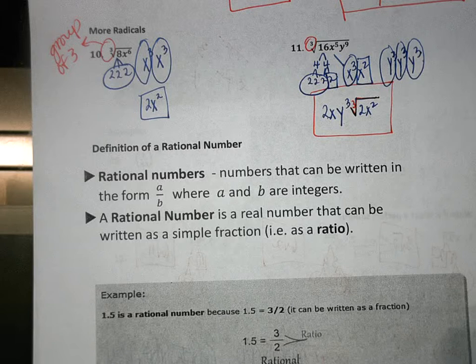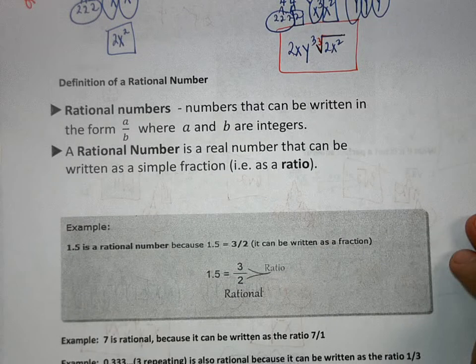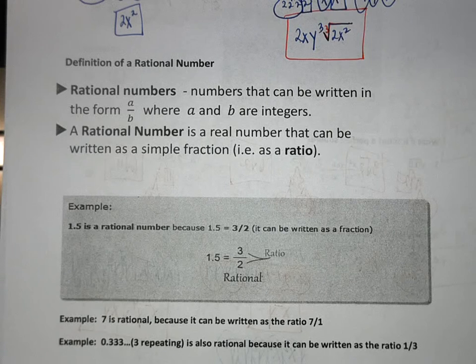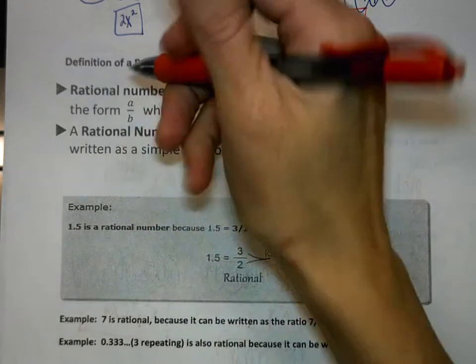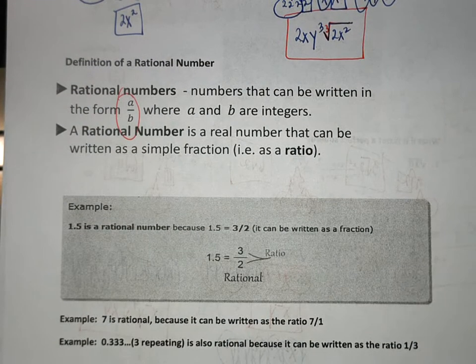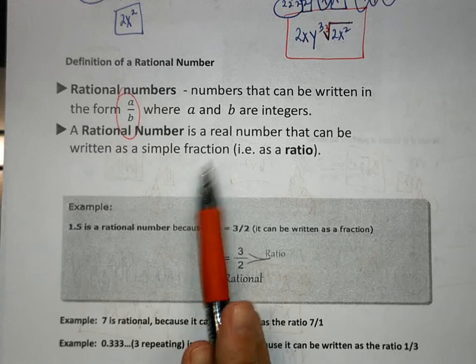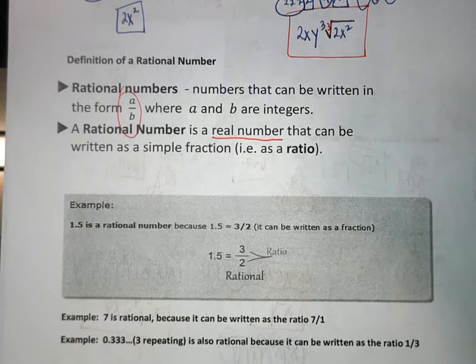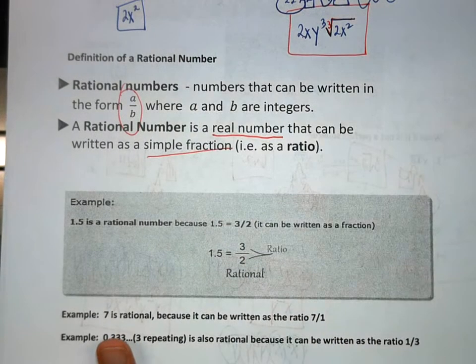We need to now talk about rational and irrational numbers. Rational numbers can be written in the form a over b. So basically, it can be written in the form of a fraction. A rational number is a real number that can be written as a simple fraction, a ratio.